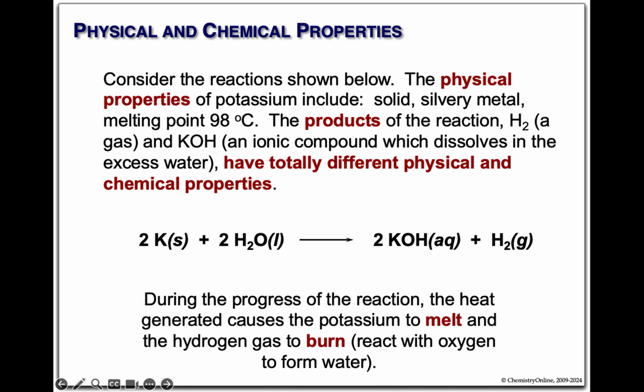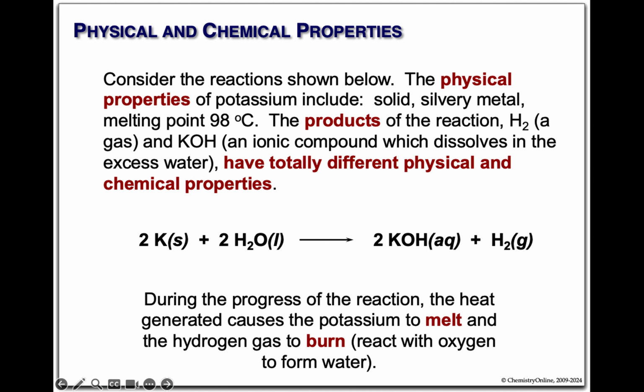The little S means it's a solid. This is water, H2O. It's a liquid, L. This is potassium hydroxide, chapter 3. AQ means it's dissolved into water, aqueous. This is hydrogen, H2, and it's a gas.